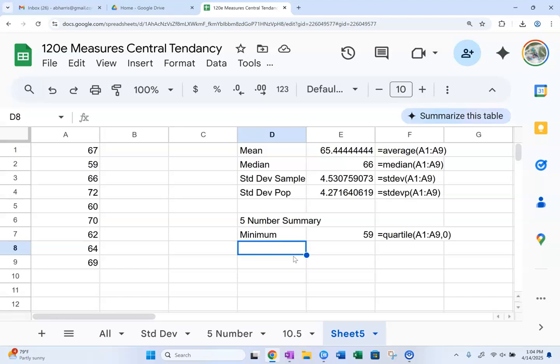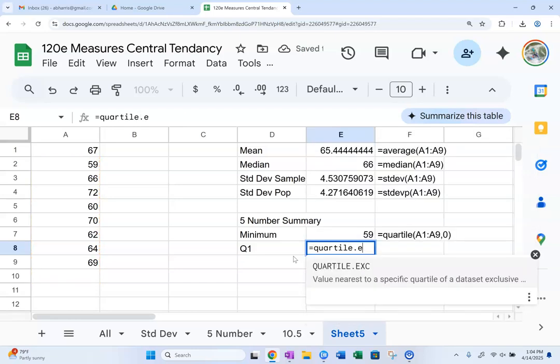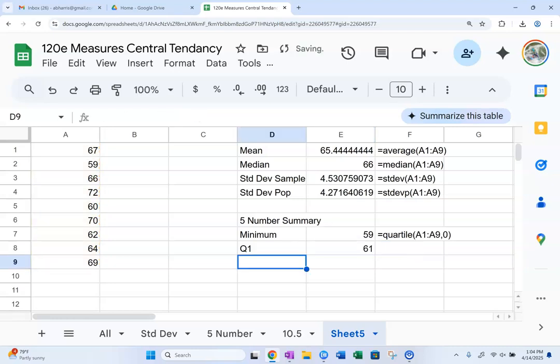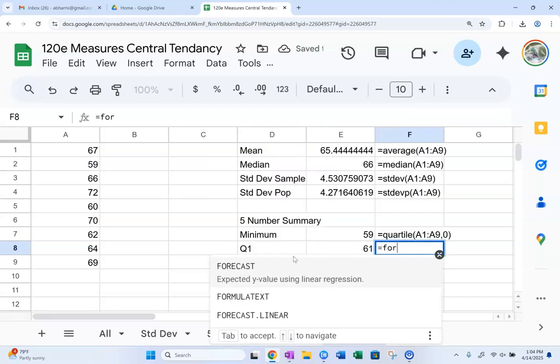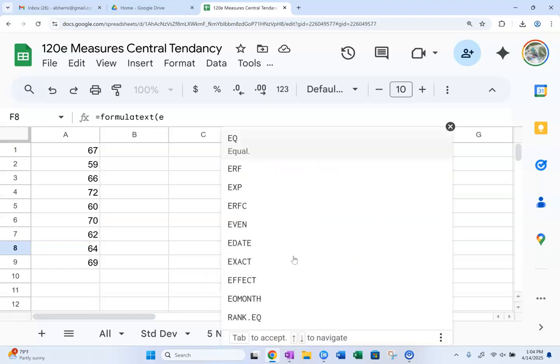Now let's do quartile 1. So I go equals QUARTILE.EXC. I have to exclude the median based on the number of data values. A1 to A9. This is quartile 1, so comma 1. Let me do FORMULATEXT E8.